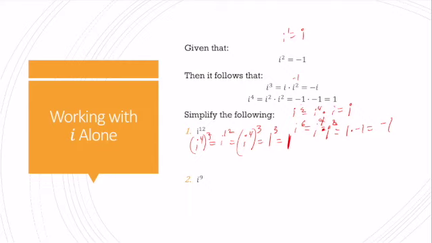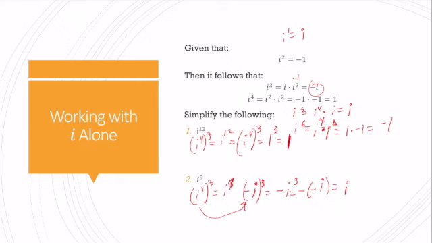If I have i to the ninth, I know that's i to the eighth times i, so that's i. i cubed is negative i. So I have negative i cubed if I substitute in, and I know that i cubed is negative i, so I have negative negative i, which is just going to equal positive i.